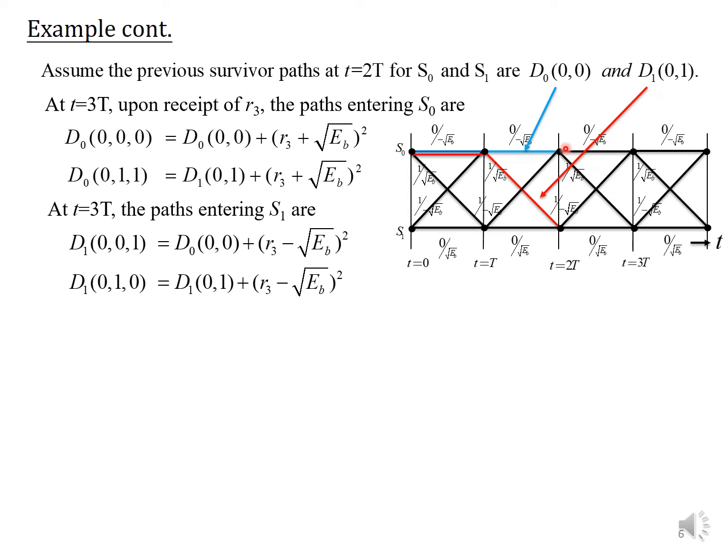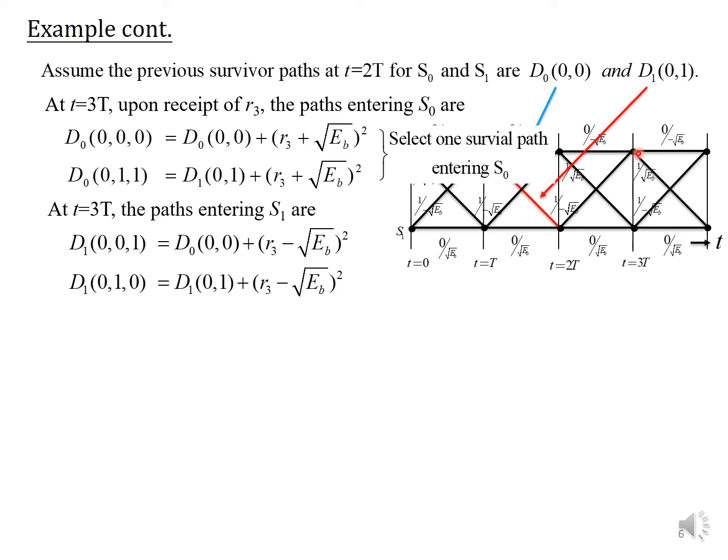Among these two paths, we would select one path, one out of two: either this previous survival path and this path, or this previous survival path and this path. So, with these two paths of length 3, we select one survival path for the third received symbol.